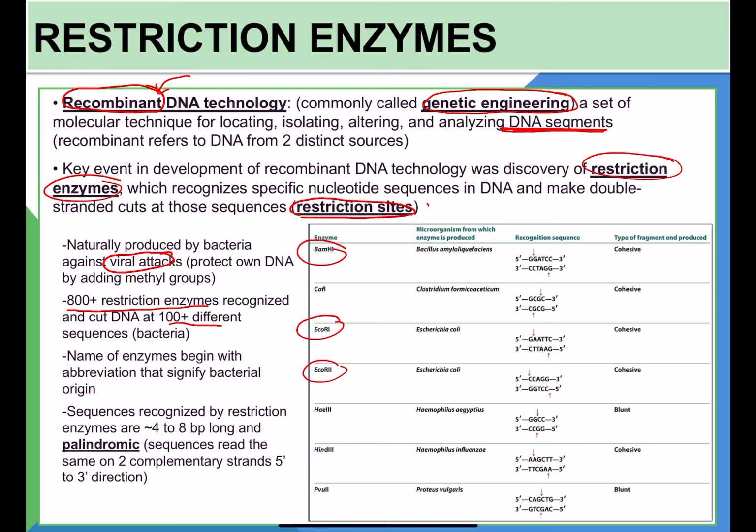So you can tell EcoRI probably came from E. coli. That's why it's called EcoRI. And then BamHI actually came from another bacterium called Bacillus amyloliquefaciens. Okay, even I have a hard time pronouncing that.